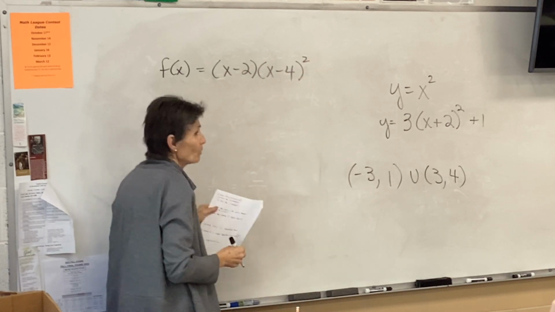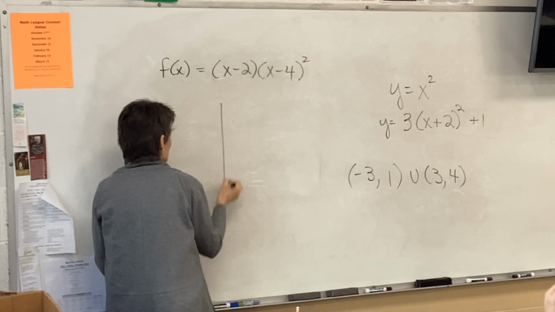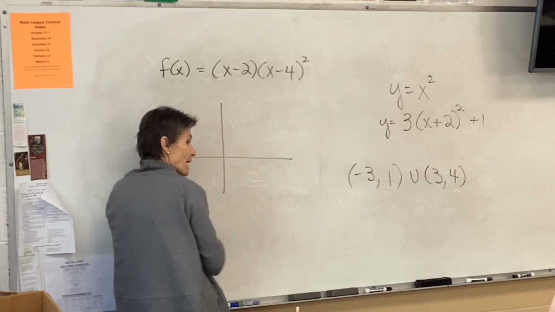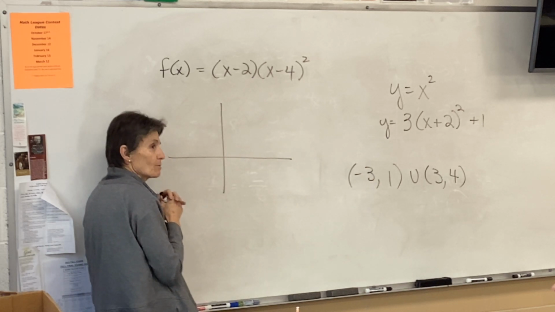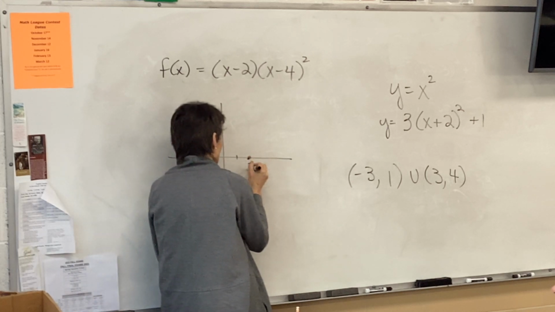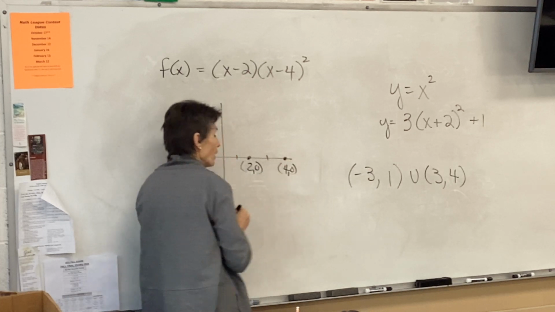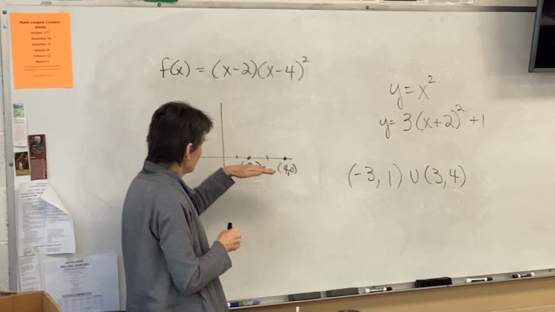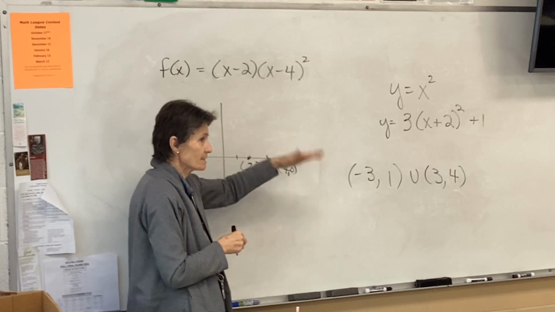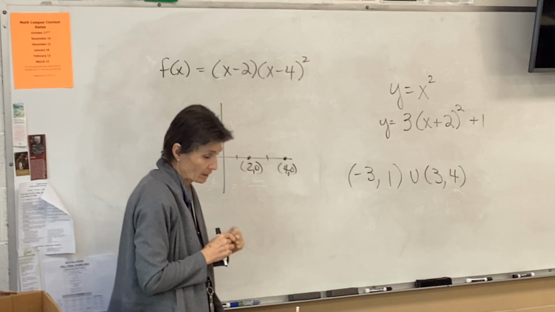So if we were going to graph this, where would I put dots on my x-axis? Those will be the x-intercepts. Where would they be? Positive 2 and positive 4. So the x-intercepts are 2 and 4, those guys right there. The x-intercepts are the zeros, the dots you put on your axis.